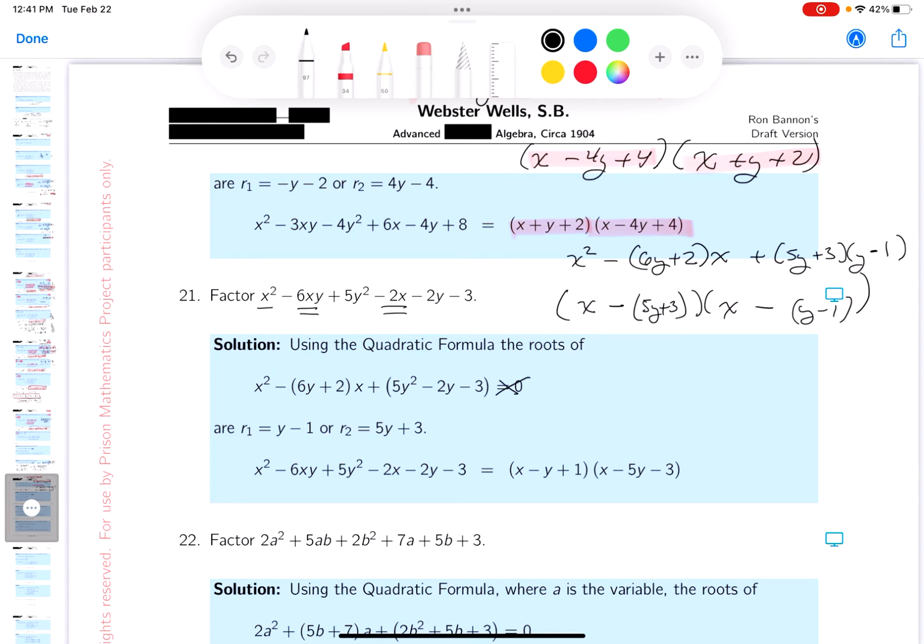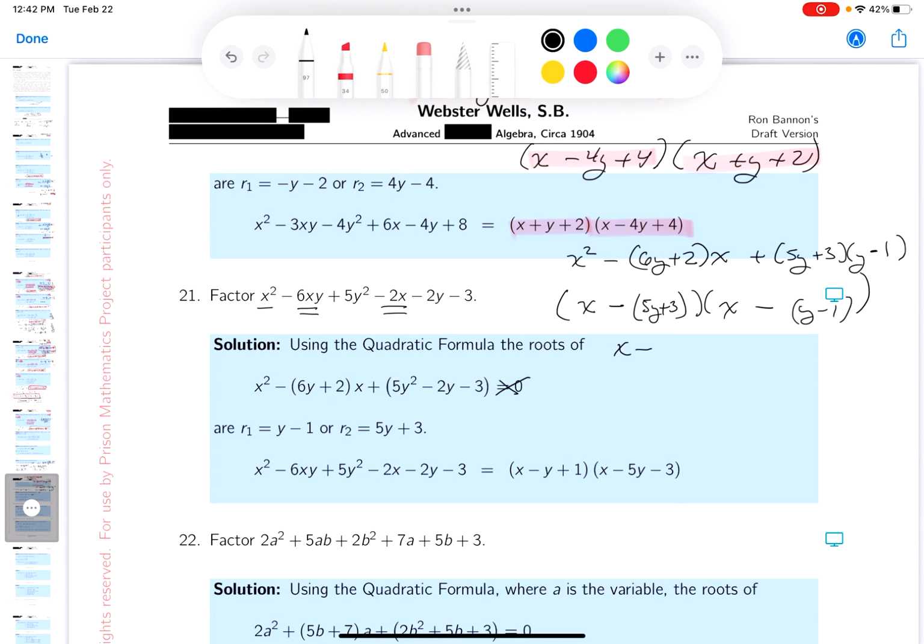Let's see, I would get minus 3 plus 1, which is, let me see if I'm saying that right, minus 3. I got to think for a second. I definitely get minus 5y minus y is minus 6y, and minus 3 plus 1 is minus 2, yeah, that's good, this works. So let's write this down.